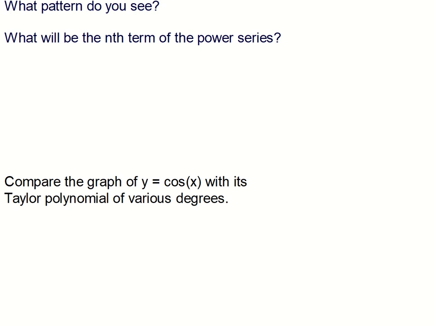What pattern do you see here, and could you make a formula for the nth term of that series? If you notice, we had gotten that cosine x, or our Taylor polynomial anyways, was 1 minus 1/2 x squared, which was 2 factorial on the bottom, plus 1/4 factorial x to the 4th.